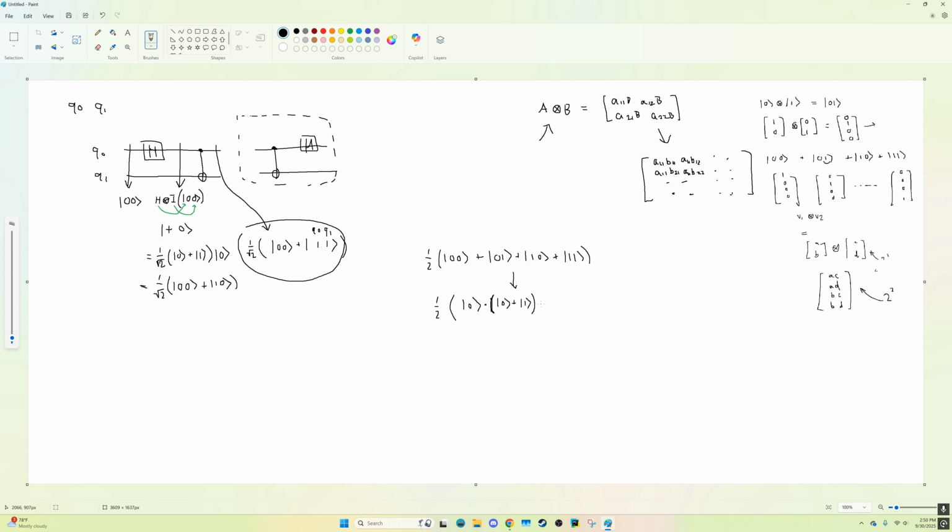And actually you have to distribute this 1/2 to both of these qubits equally to normalize the probability amplitude.